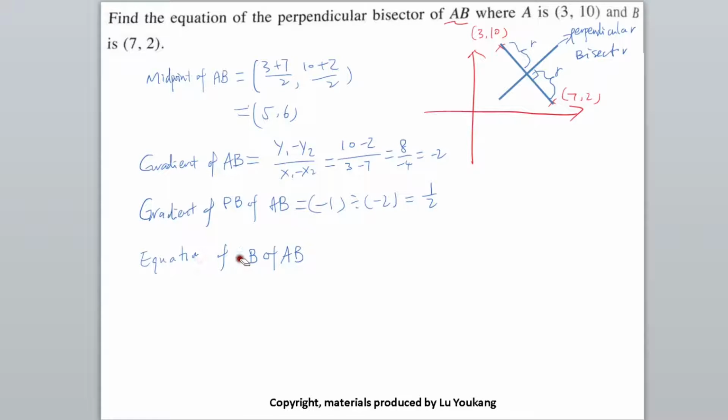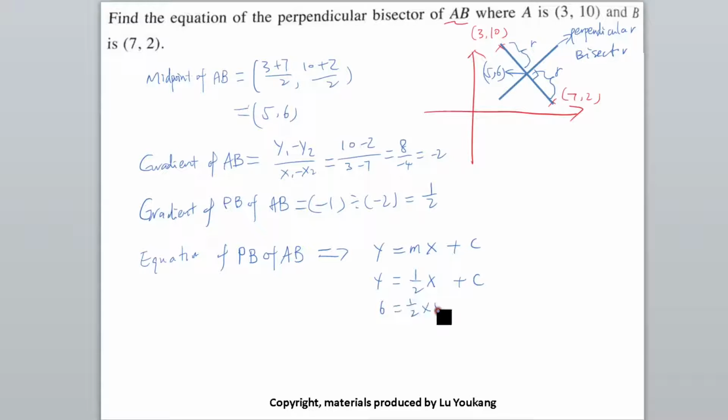Therefore the equation of the perpendicular bisector of AB, I use PB to denote perpendicular bisector, is y equals to mx plus c. We know the gradient of PB of AB is half, therefore we get y equals to half x plus c, and our job is to find c.